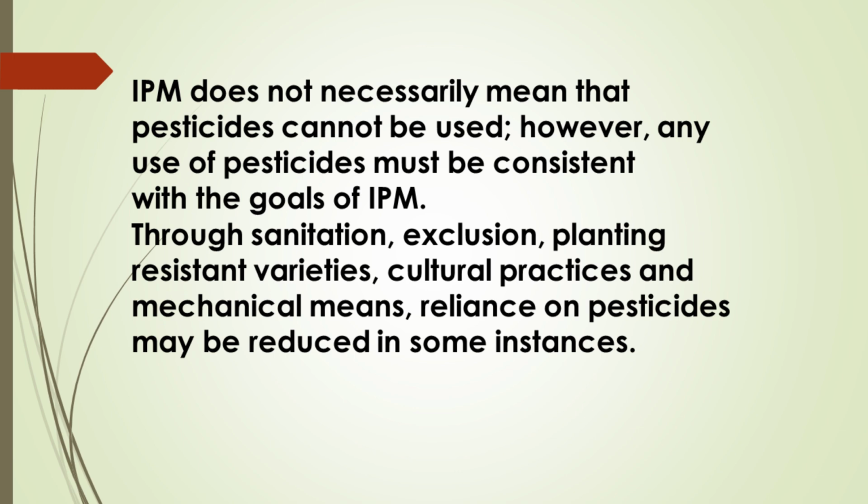IPM does not necessarily mean that pesticides cannot be used. However, any use of pesticides must be consistent with the goals of IPM through sanitation, exclusion, planting resistant varieties, cultural practices, and mechanical means. Reliance on pesticides may be reduced in some instances.